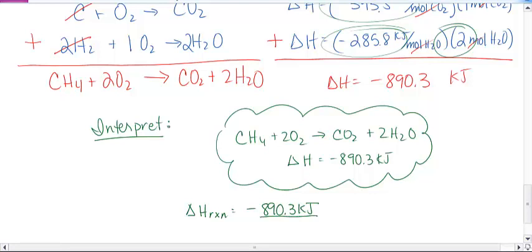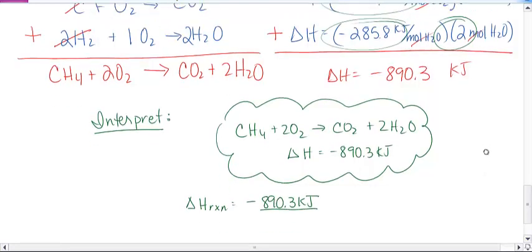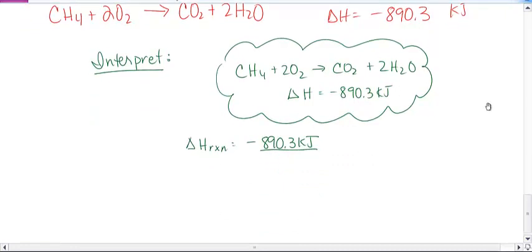So maybe I want to know how much energy I get per mole of methane burned? Well, according to my balanced equation, there's 1 mole of methane in it. So I could say it's negative 890.3 kilojoules per 1 mole of methane. That would be an okay interpretation.